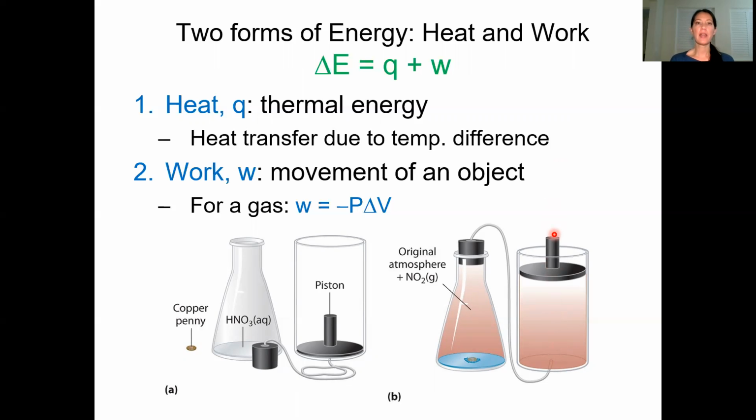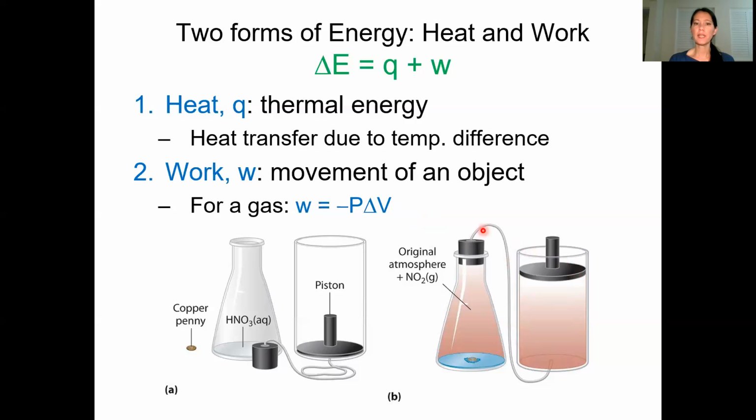The atmospheric pressure is due to gravity and the air molecules above us pushing down. So it's working against that pressure. So work is going against that pressure, so it has a minus P, and it's just times the change in volume. That's shown here.